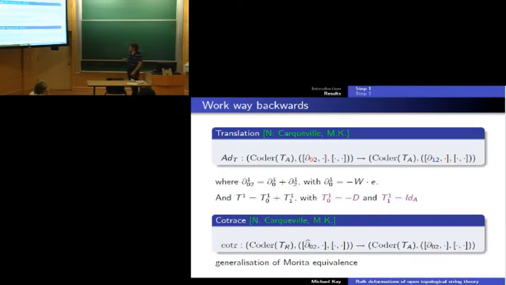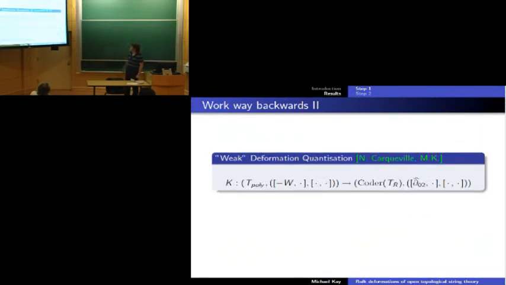In particular, this cotrace map induces an L-infinity quasi-isomorphism, and you can show that even when you have curvature, this is still a quasi-isomorphism. So now the third, maybe more conceptual step, is a curved version of deformation quantization.